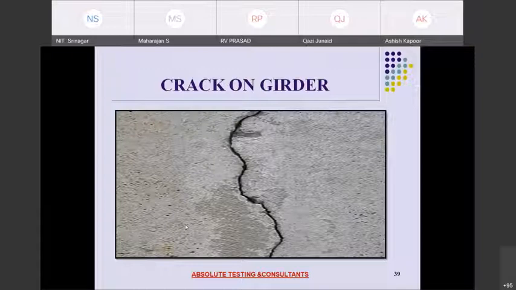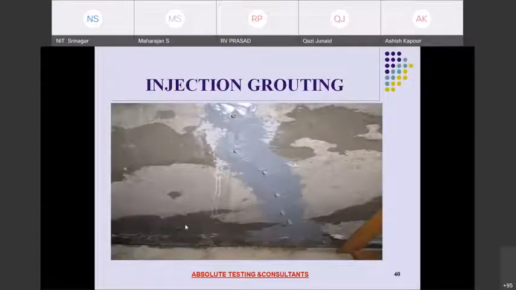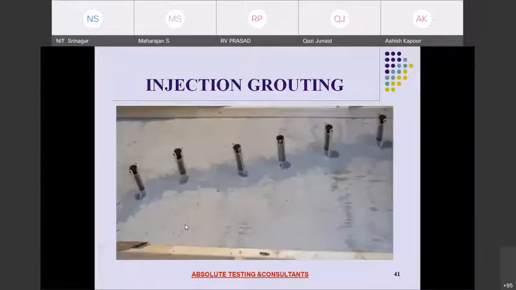So these are the cracks over the girder. You can see this type of crack developed. These cracks were sealed using grouting material, and then injection grouting was done over the surface. This is how the nozzles were fixed at an interval of 150 mm center to center.